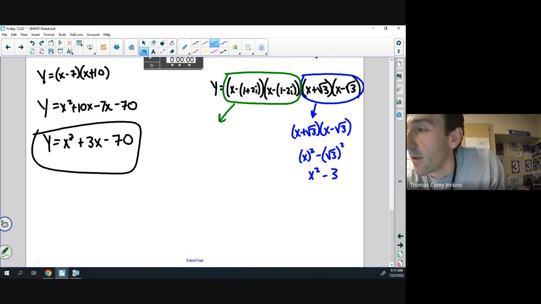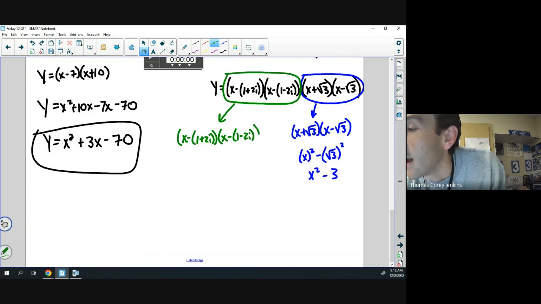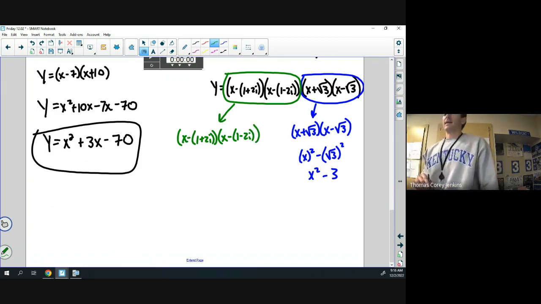Now, what about this other thing? x minus 1 plus 2i times x minus 1 minus 2i. All right, let's see what the best way to explain this would be. Okay, I don't think using a shortcut is necessarily wise here, okay? I would more just multiply it out, right?